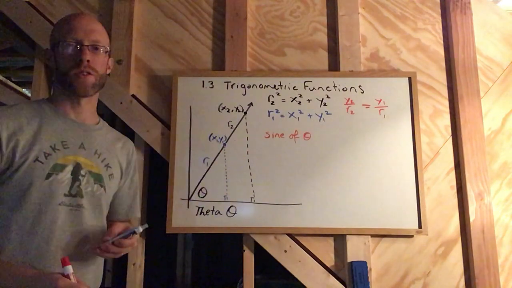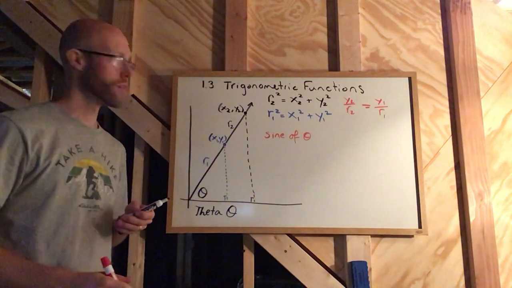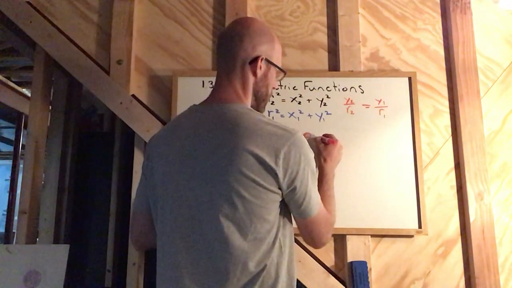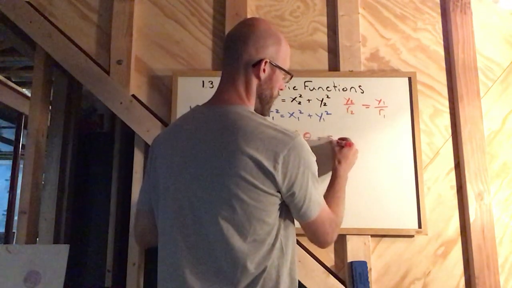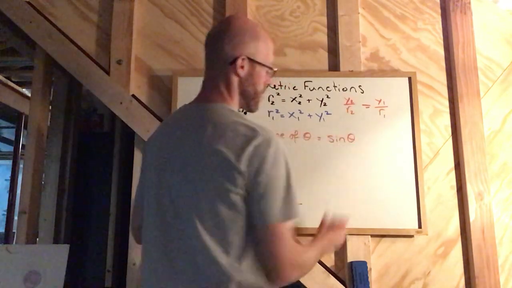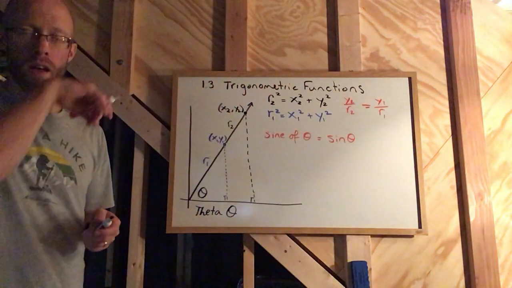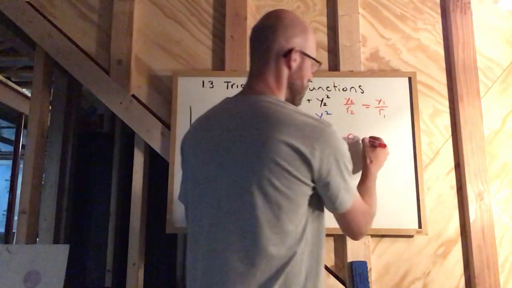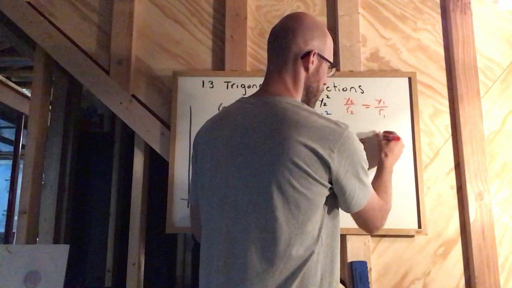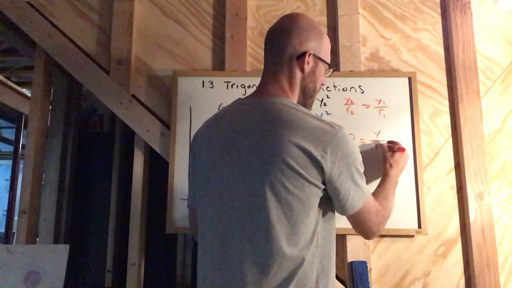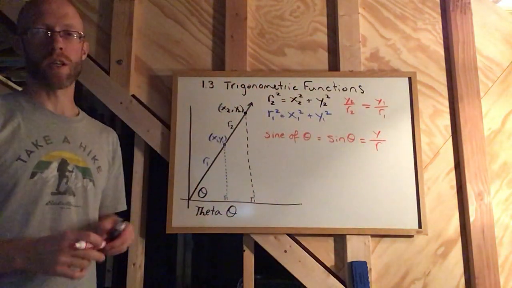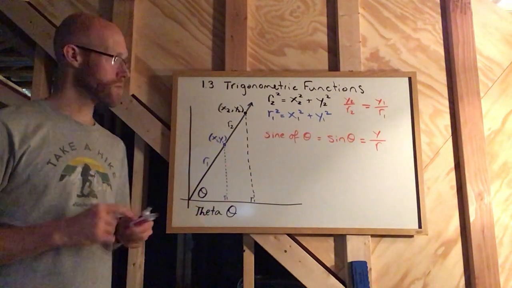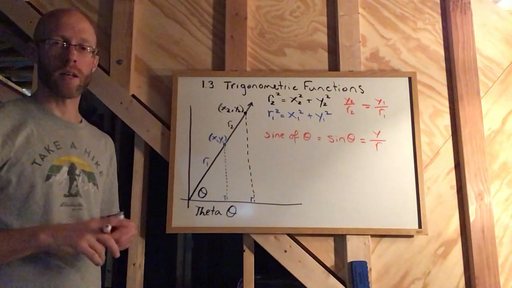Okay, the sine of theta, S-I-N-E, of theta, which is abbreviated as sin theta. That's the abbreviation. It is always going to be equal to the y, or the vertical side, divided by the r, which is the hypotenuse. So it's vertical divided by hypotenuse. Okay, in this example.